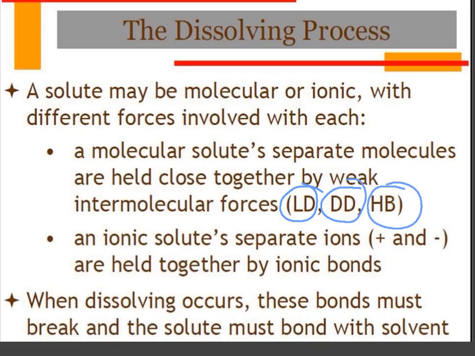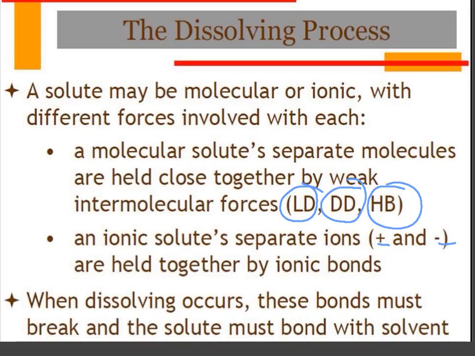In an ionic solute, separate ions can be either positive or negative, and when they are held together, they form ionic bonds. When dissolving occurs, these bonds must break, and the solute must bond with the solvent.